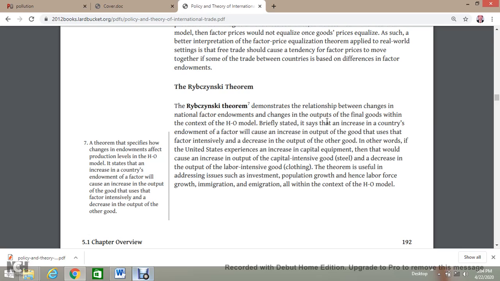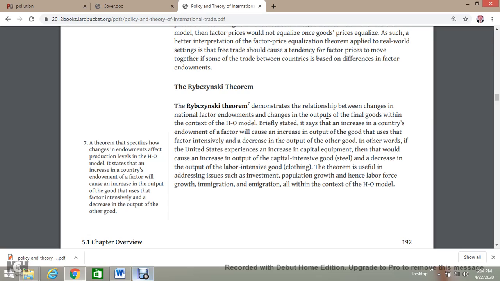In the Heckscher-Ohlin model, we discuss that a country will try to export only those commodities where the country has abundant factors. If the country has more capital, capital intensive goods will be exported. If a country has more labor, it will export labor intensive commodities.